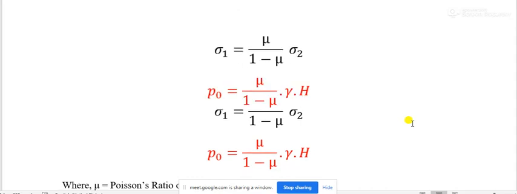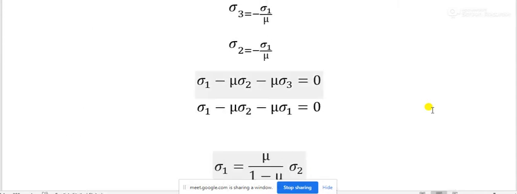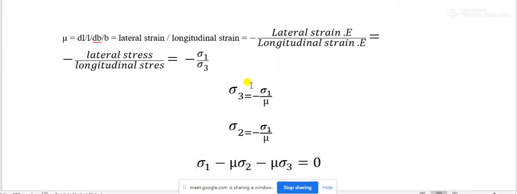Now coming to this section, these kinds of conditions are actually called plastic equilibrium. At rest condition is in elastic equilibrium condition. We have used the equation, the relationship between stress and strain and Poisson's ratio, and all those things are within elastic condition, and that condition is in equilibrium.